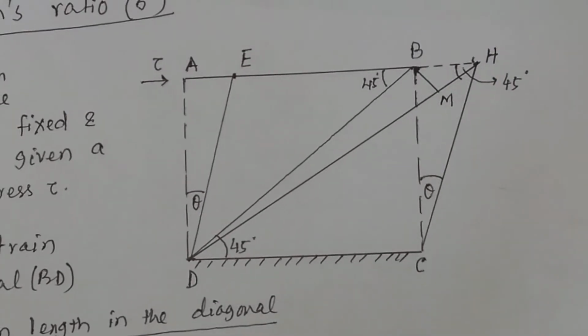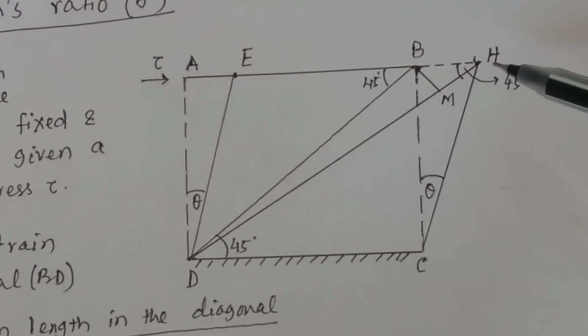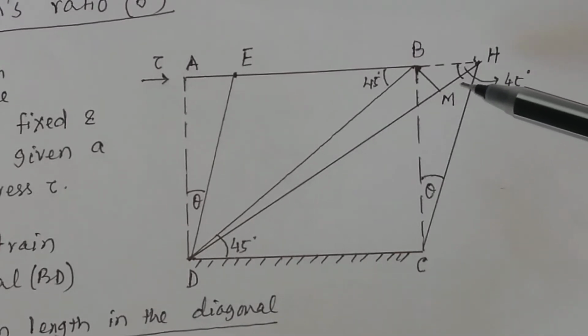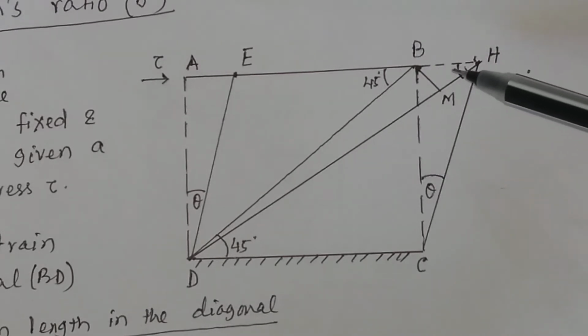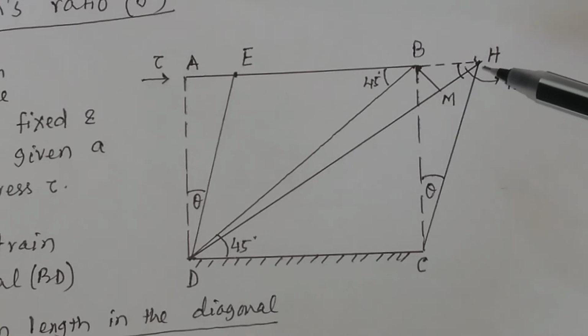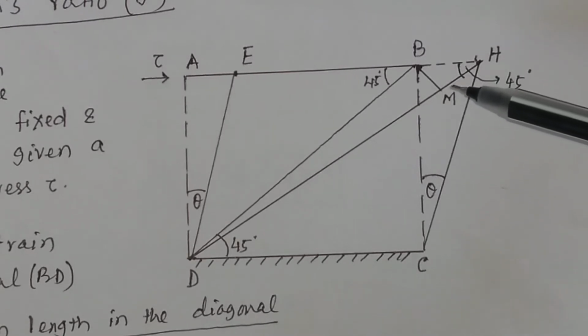Then in this right angle triangle BMH, cos 45 degrees will be equal to MH divided by BH. So MH will be equal to cos 45 degrees into BH, that is equal to BH divided by root 2, because cos 45 degrees is equal to 1 by root 2.